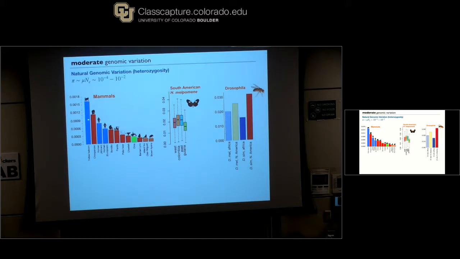You can look at the mammals, this is the genomic variation in some mammals, starting from monkey or baboon to hyena and foxes and things like that. You get basically from 10 to the -3 to 10 to the -4, so basically 1 in every 1,000 or every 10,000 nucleotides differ.